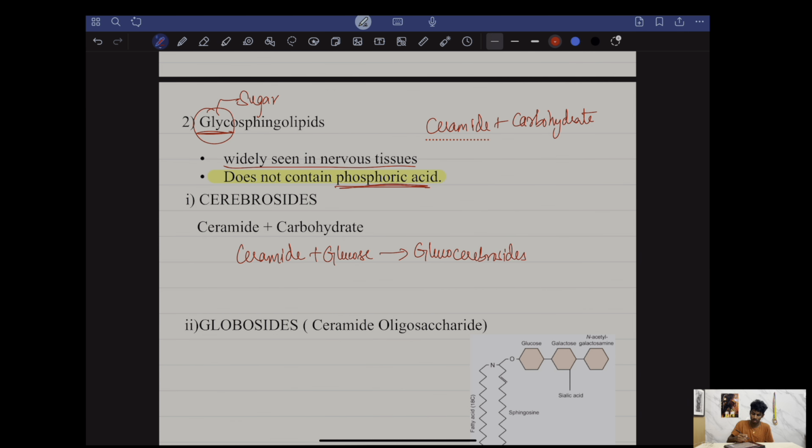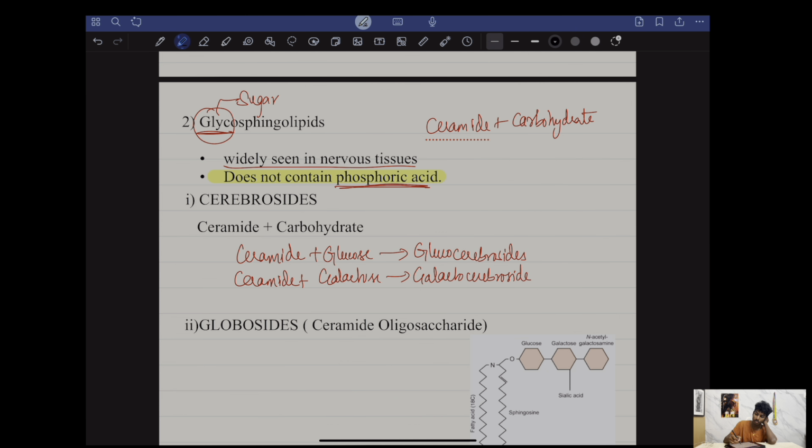If the ceramide is present on a carbohydrate sugar like galactose, then can I call it galactocerebroside? Is it easy? Yes or no?